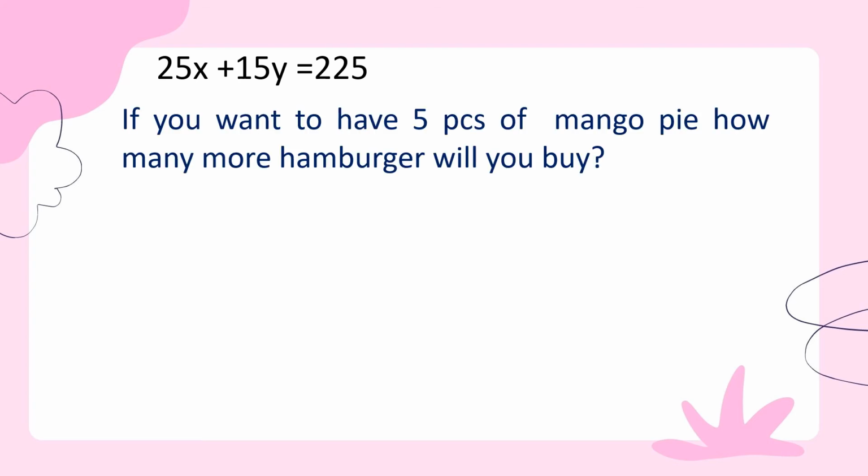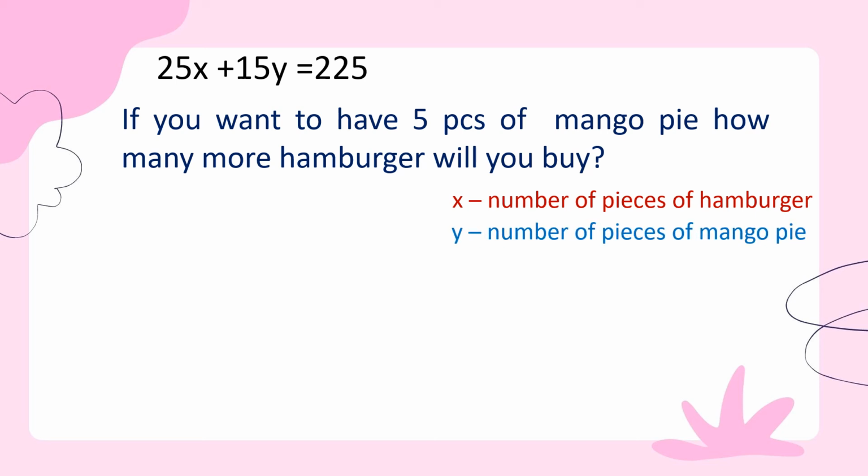What if we have this problem? If you want to have 5 pieces of mango pie, how many hamburgers will you buy? What do you think is your answer? Let's try to find it out. The number of pieces of hamburger is the unknown.